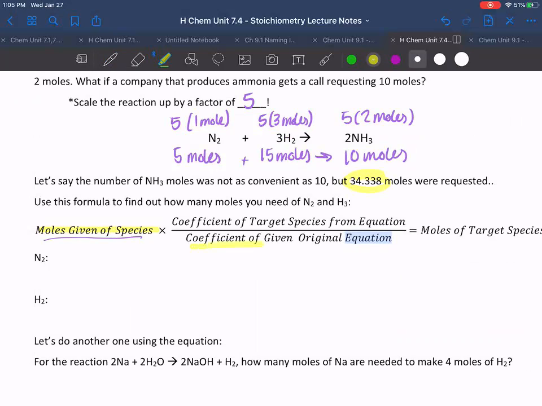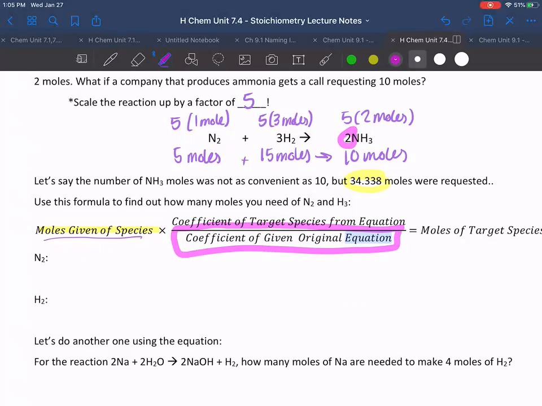Then we have the coefficient of the given compound from the original equation. Since we're still working with the one above, our coefficient is going to be 2, because that's our given coefficient. Then the coefficient of our target species.